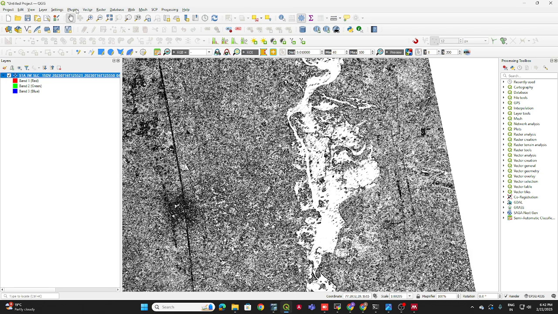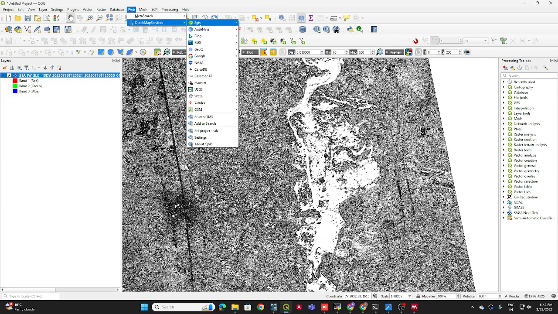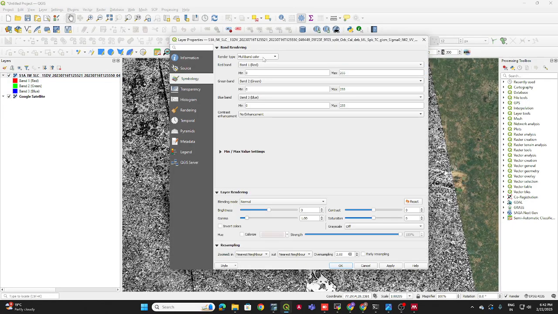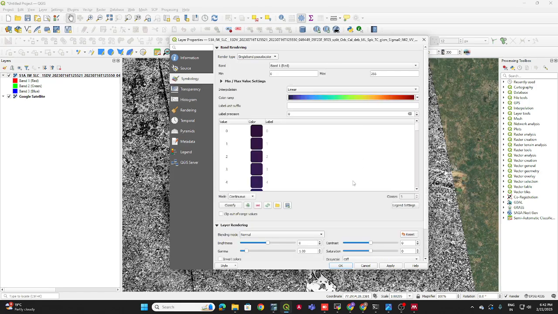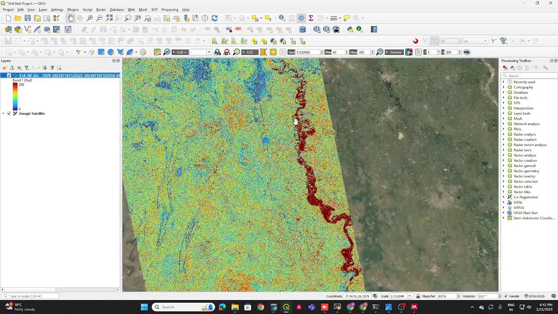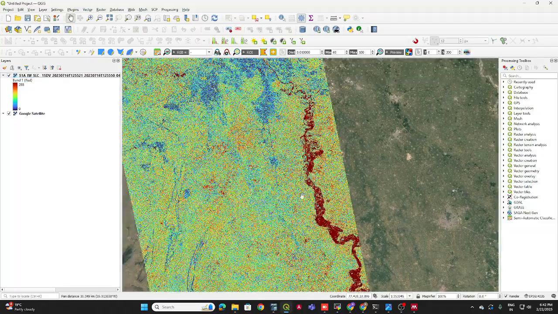This is the color map we use to present the homogeneity or any SAR image.